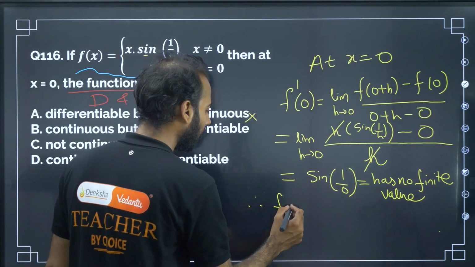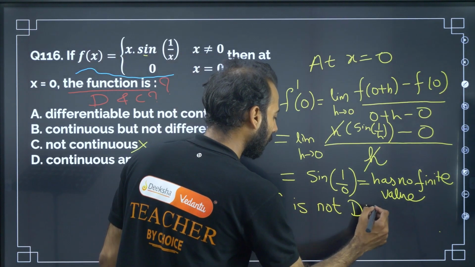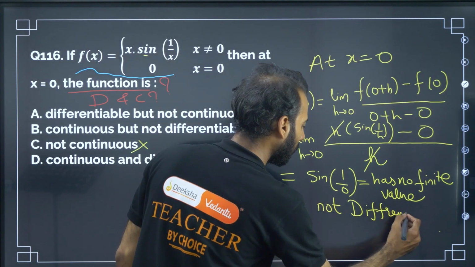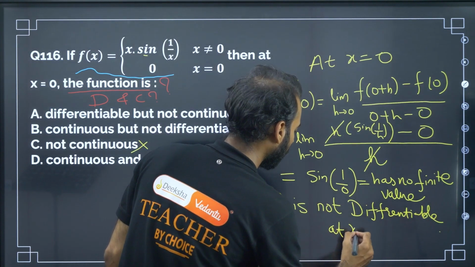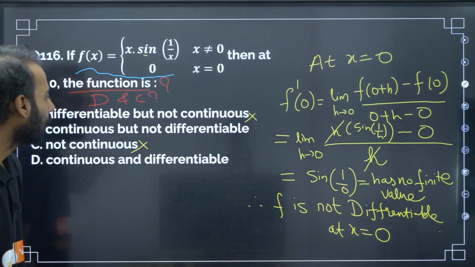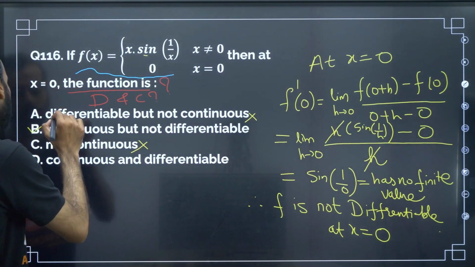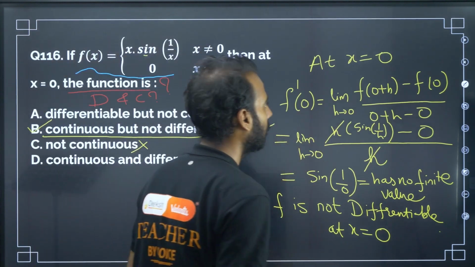Therefore, f is not differentiable at x equal to 0. So what can we come to a conclusion? Continuous but not differentiable. B is the correct answer. Moving on to next question.